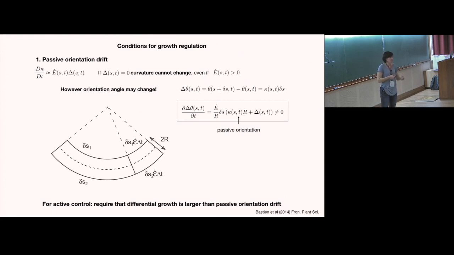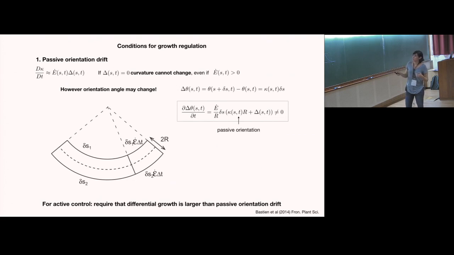And we don't want to have this problem. So what is the requirement? If I define delta theta as the difference between the angle at S plus delta S minus theta S, this is the difference in angle at the beginning and at the end of the segment. And this is equal to just kappa, our curvature, multiplied by the length of our segment, delta S.